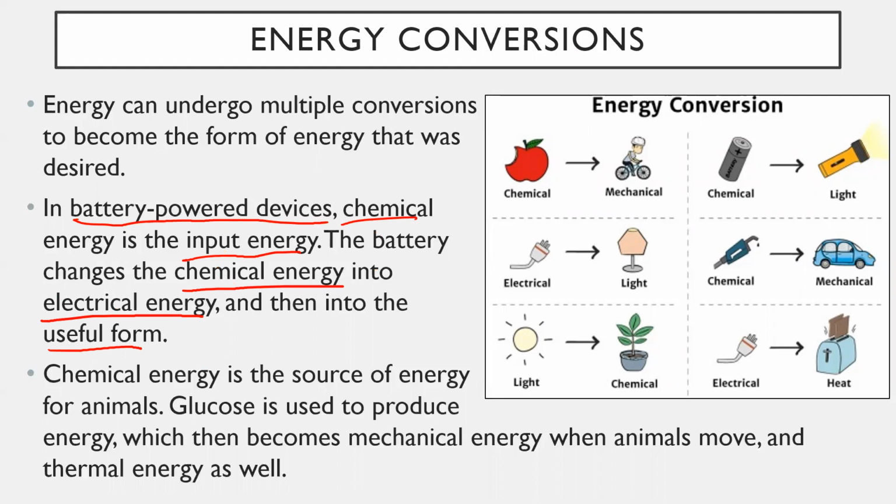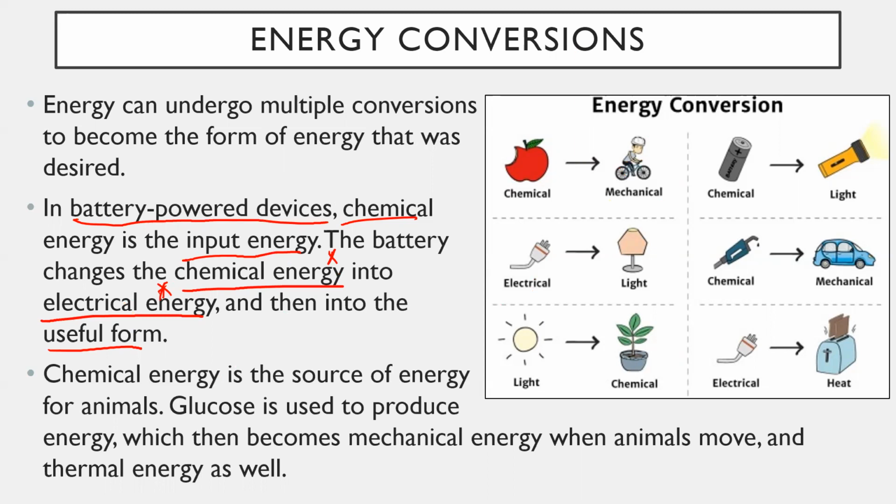It would be the same thing with anything else that might use batteries. If you had a battery-powered electric toothbrush, it's turning chemical energy in the battery into electrical energy inside the toothbrush, and then the bristles on the head of the toothbrush that are moving, that is a form of mechanical energy because it's a moving object, right? So again, it's just a bunch of energy conversions, and that's what we're doing here.